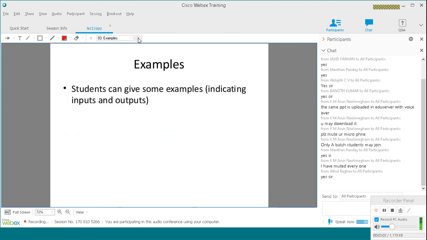Can anybody give an example of a system? Maybe Manthan Pandey, can you give an example of a system? Are you able to unmute yourself, Manthan Pandey?